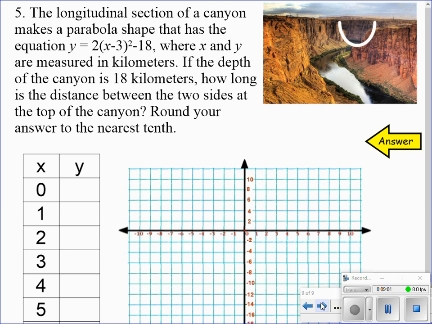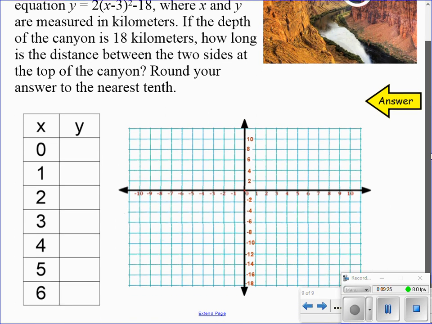The longitudinal section of a canyon makes a parabola shape that has an equation of y equals 2 times x minus 3 squared minus 18, where x and y are measured in kilometers. If the depth of the canyon is 18 kilometers, how long is the distance between the two sides of the top of the canyon? It wants us to round our answer to the nearest tenth.